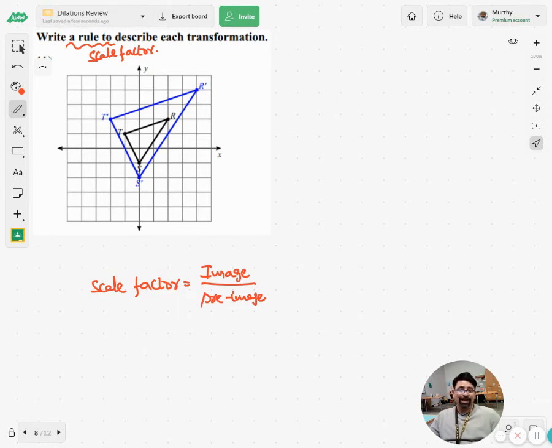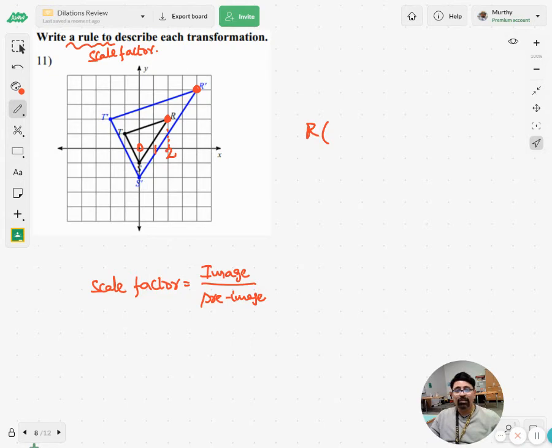Instead of that, I prefer to take just any one point, like I'm taking R here and R prime. So let's see what the values of R are. Here it is not labeled, so 0, 1.